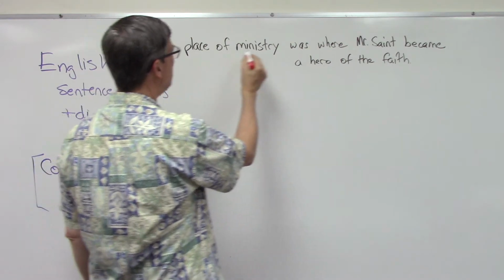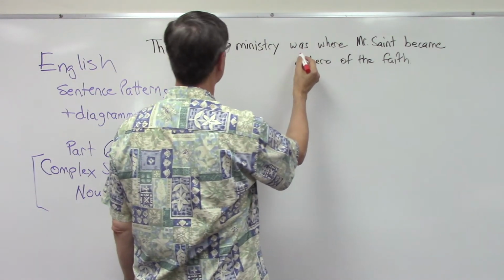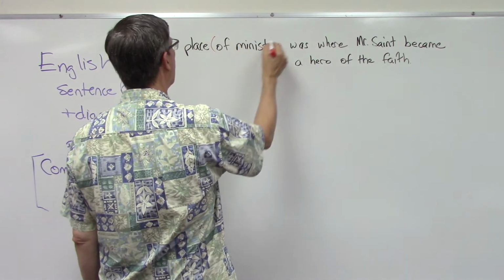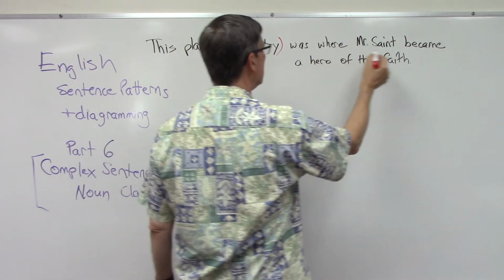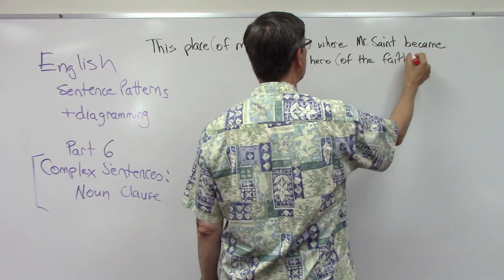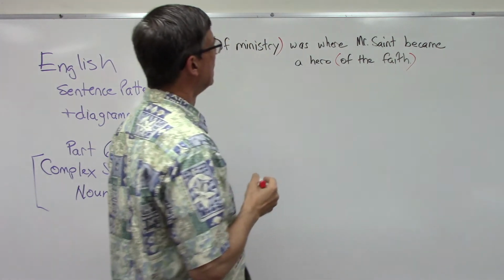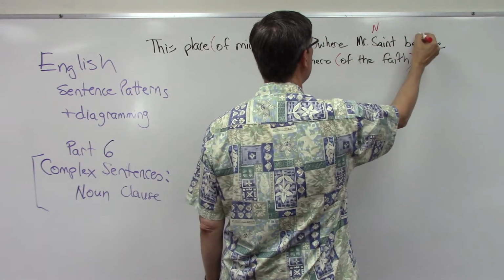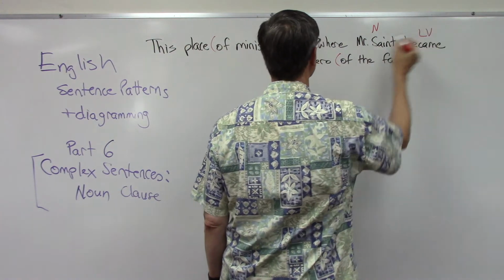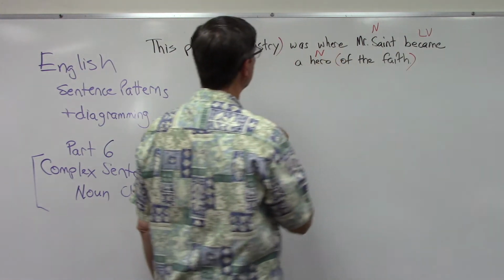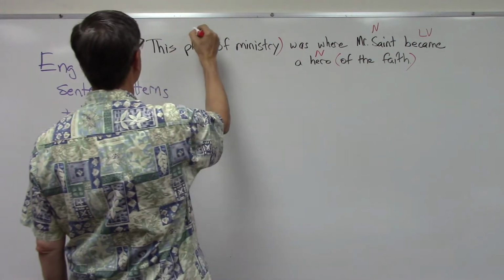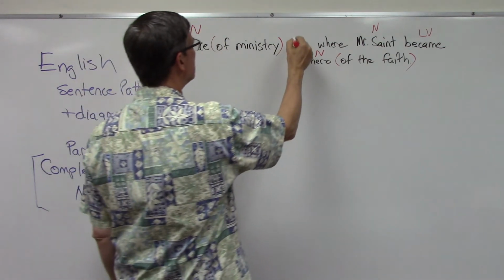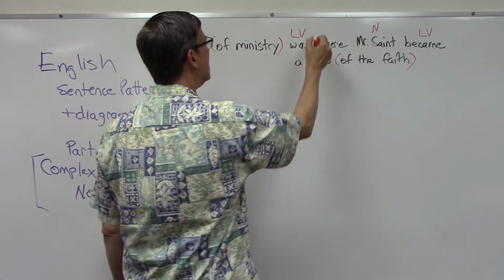This place of ministry was where he became a hero of the faith. Mr. Saint, so that's a noun. Became is a linking verb. Here's another noun. Here's the subject, place, was.